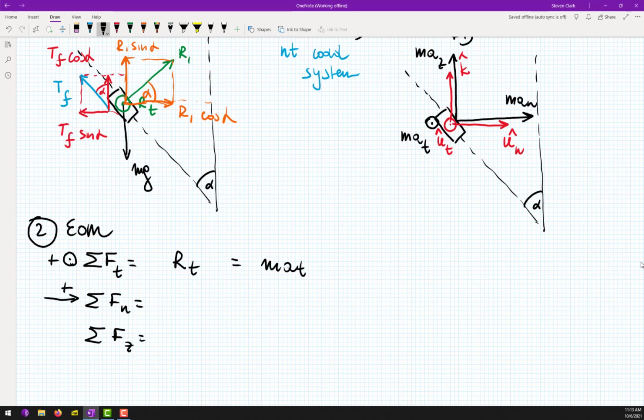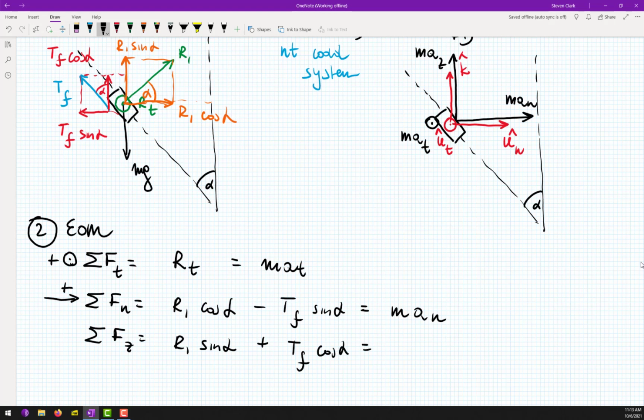Now we are ready to put our equations of motion, yes, in n direction. So we will have in here R1 cosine alpha minus TF sine alpha, and this is equal to MAN. And in the z direction, we have R1 sine alpha plus TF cosine alpha, and also mg, yes, minus mg.